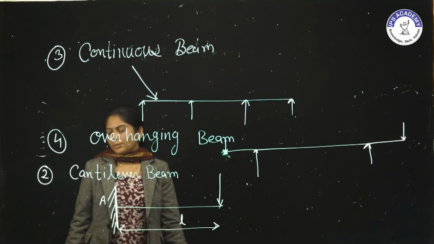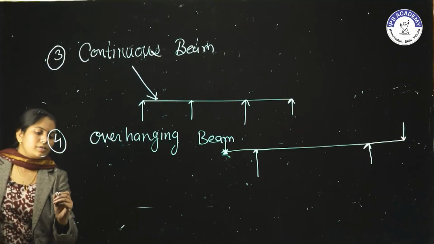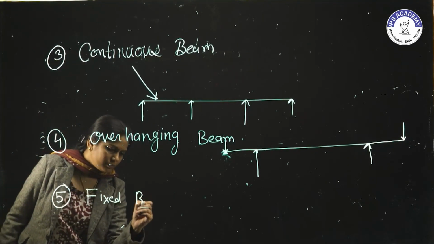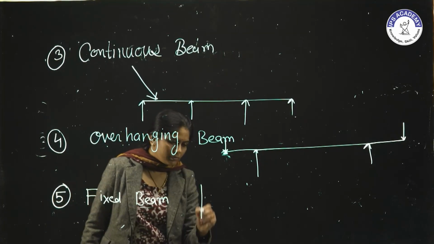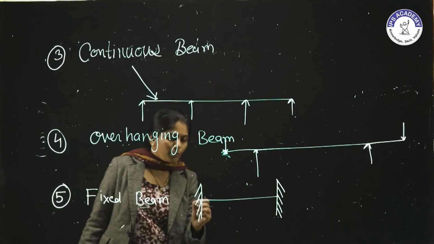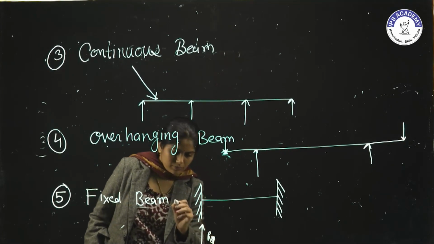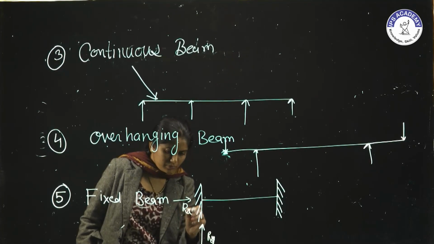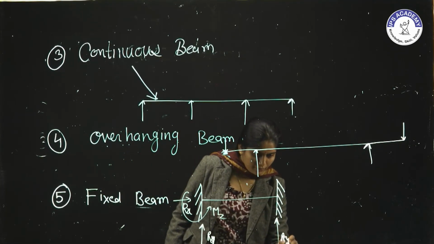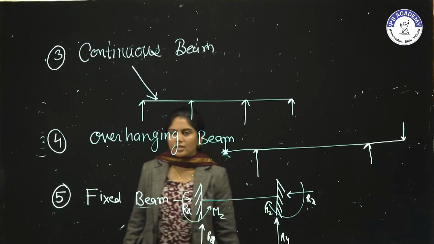This is the overhanging beam. Last one is fixed beam. In this beam, both ends are fixed. RY, MZ. This is the fixed beam.